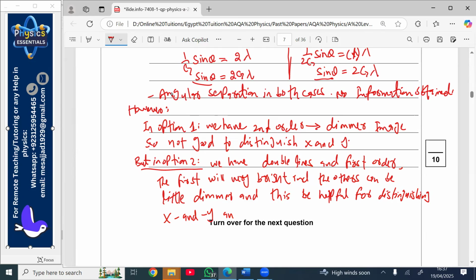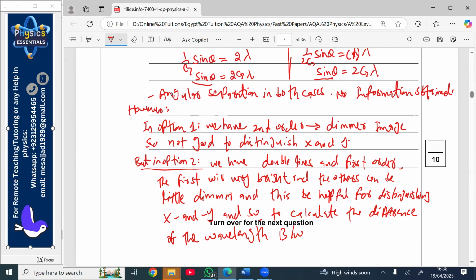And so to calculate the difference of the wavelength between X and Y.